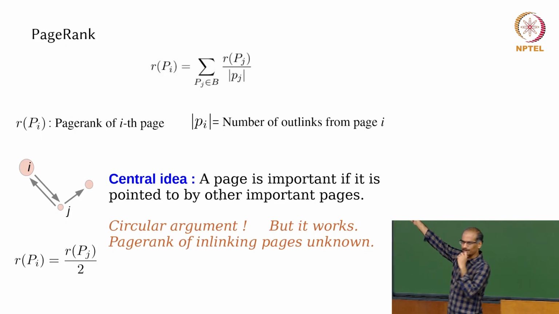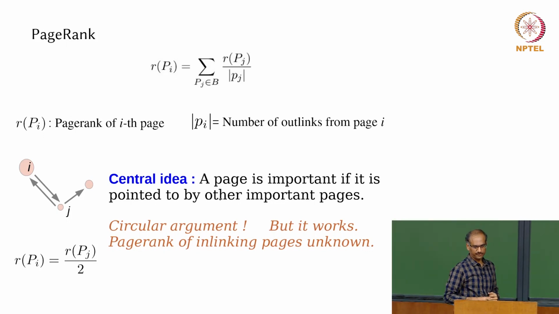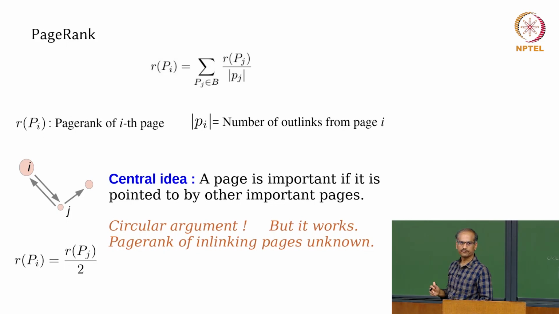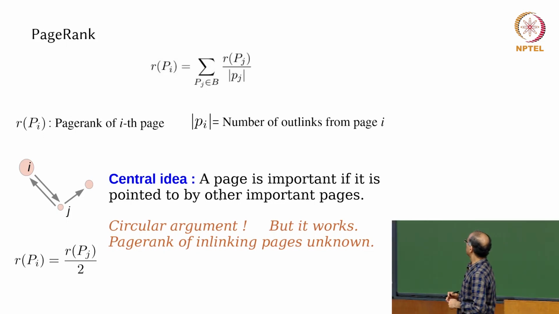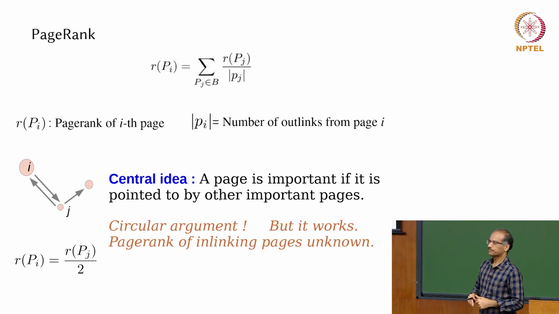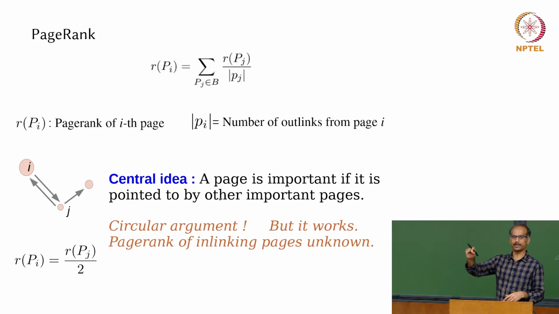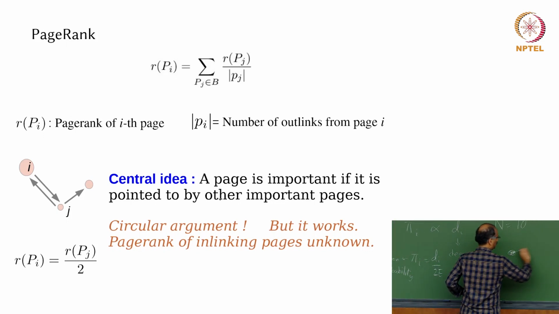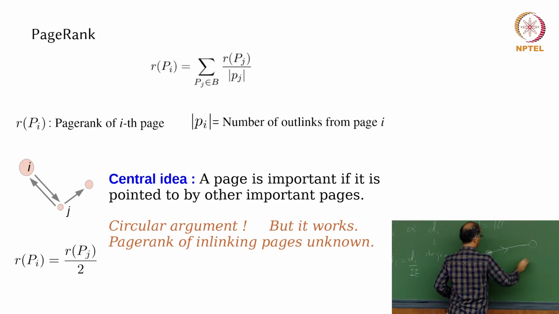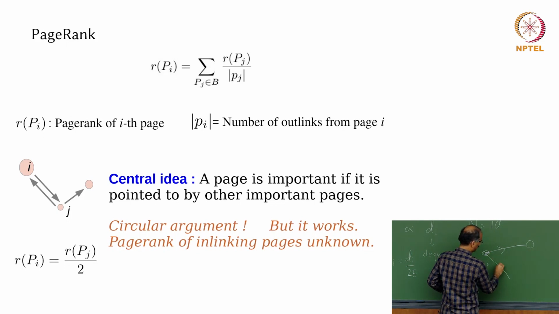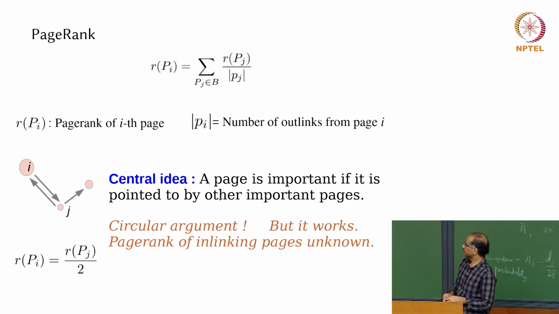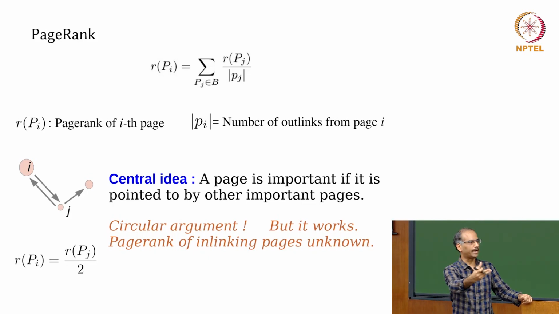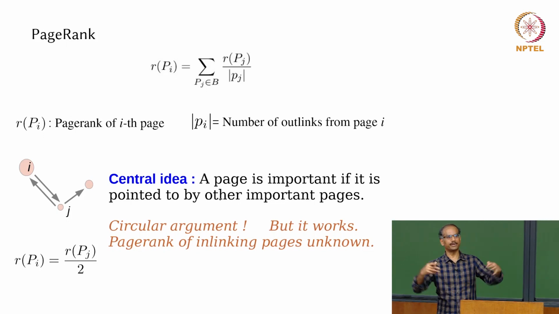If you look at the top equation there, this R of P_i denotes the PageRank of the ith page, and this modulus of P_i is the number of outgoing links. The reason for dividing by that is that, let's say I'm going to hand out incoming links to all the others.